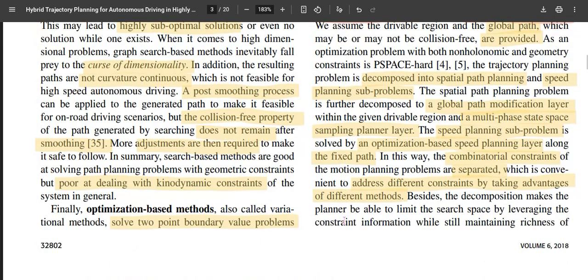The modified path is fed into a spatial path planning method, which does not give you a single stage, but is a multi-stage state spatial path planning method. They also decouple the velocity computation from the path planning method, and they improvise the objective optimization with a speed planning layer. And finally, they claim that they have an efficient collision checking method, which is computationally very efficient.